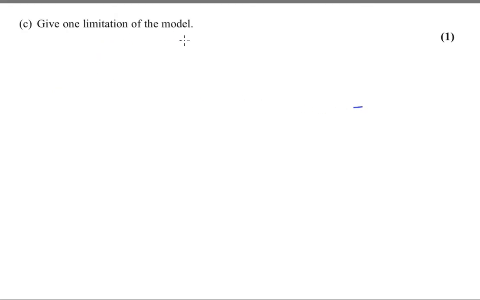It just asks for a limitation of the model. There's loads of different limitations you could give. Probably the easiest one to remember, which is linked to your mechanics as well, is that the air resistance hasn't been accounted for.